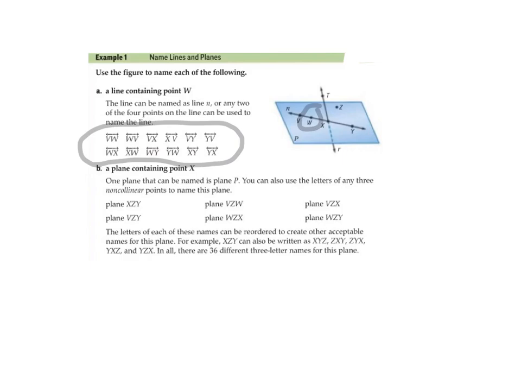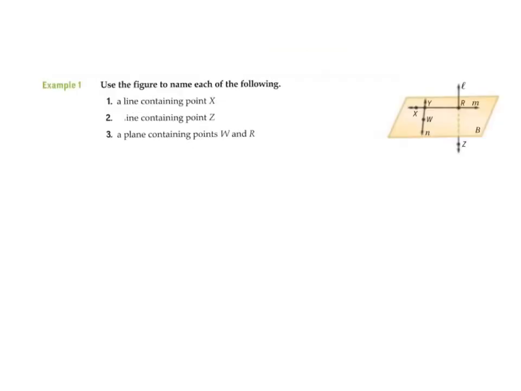The other thing we can do, which it hasn't done, is if you've got a line, you can just call it N. So any of those will do, but you need 2 points in order to contain the point.